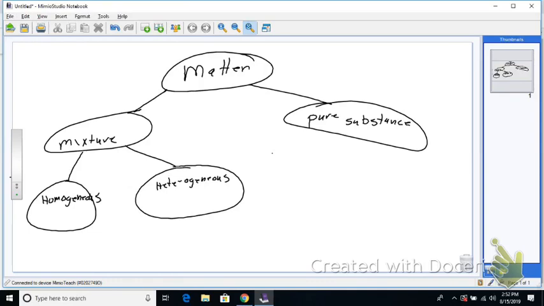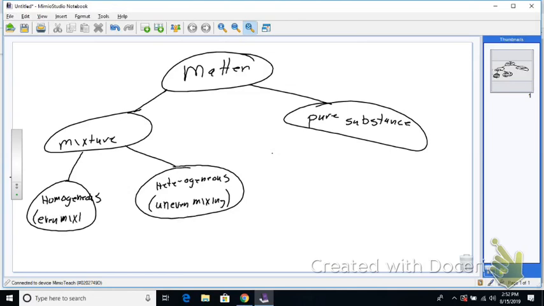Heterogeneous is uneven mixing. That's a really simple way to do that. Uneven mixing, and then this is even mixing.